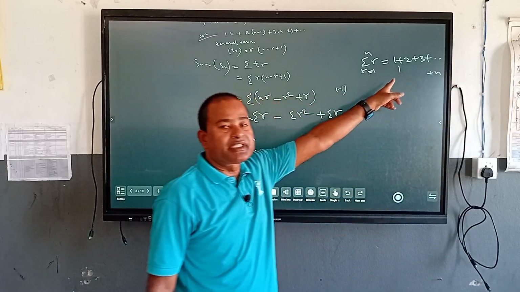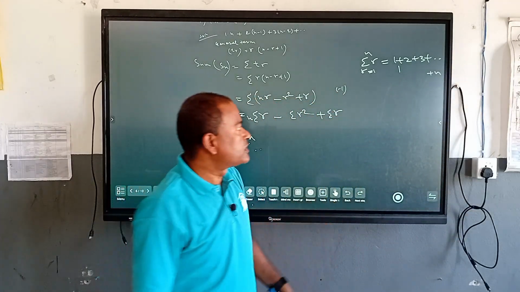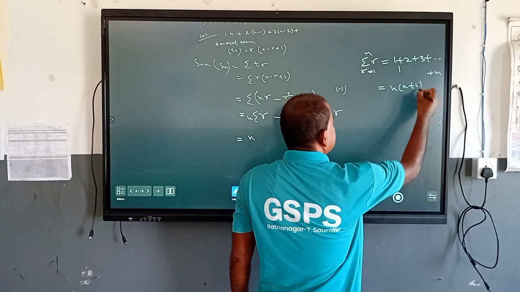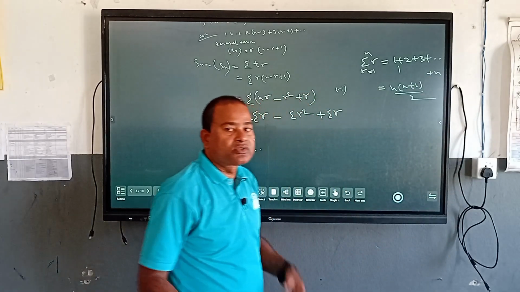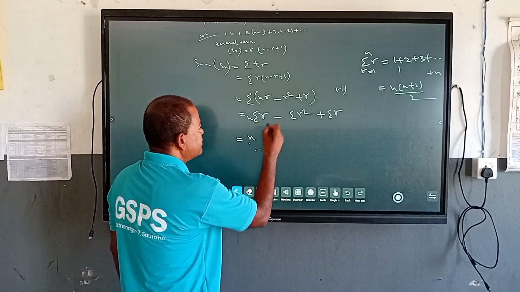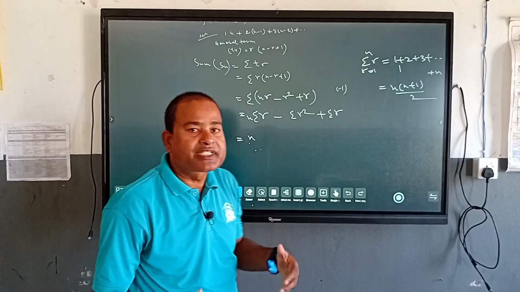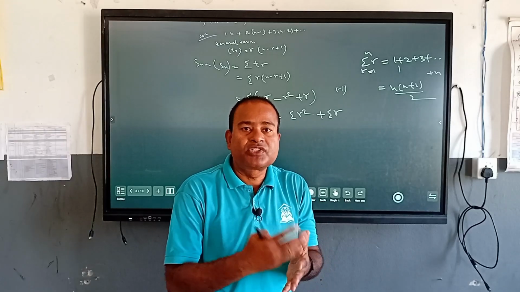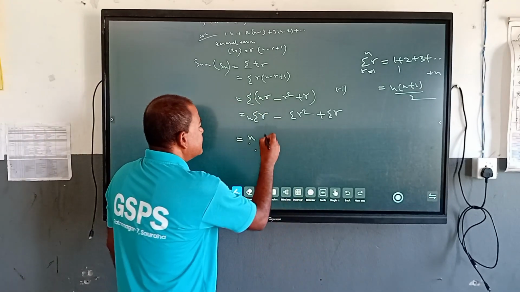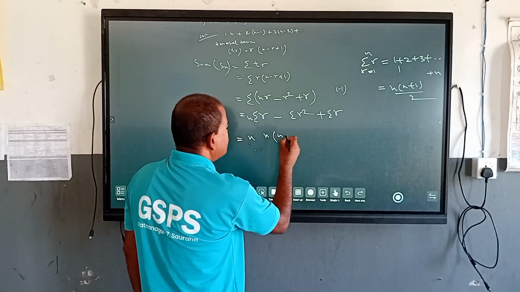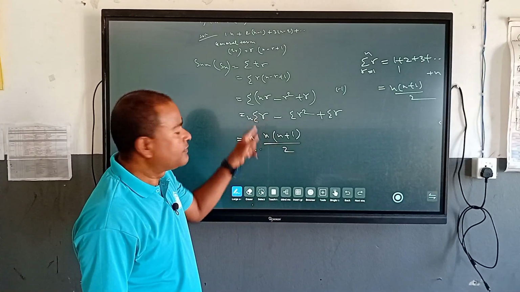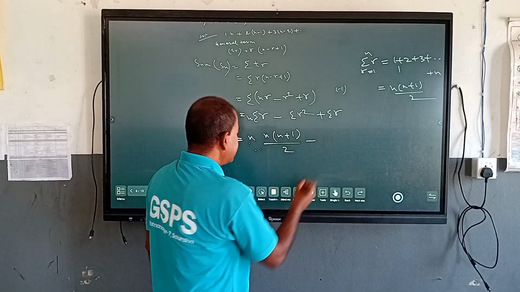Summation r represents the sum of the first n natural numbers, which is equal to n times n plus 1 divided by 2. So this is the sum of the first series, minus.